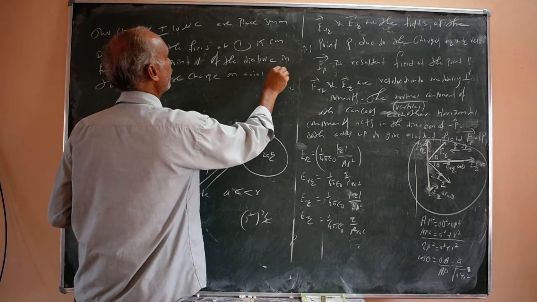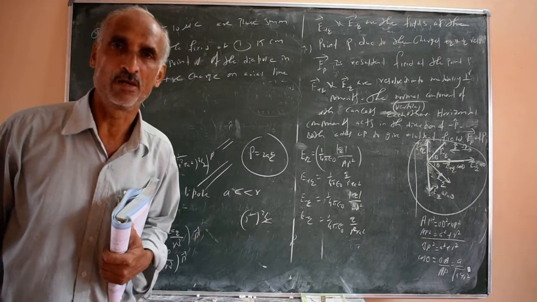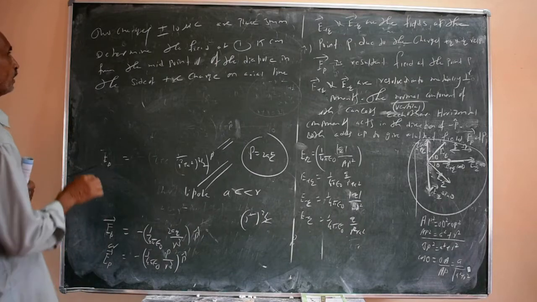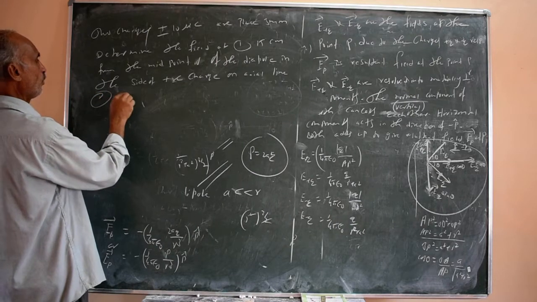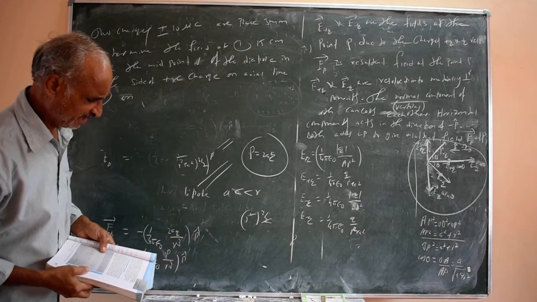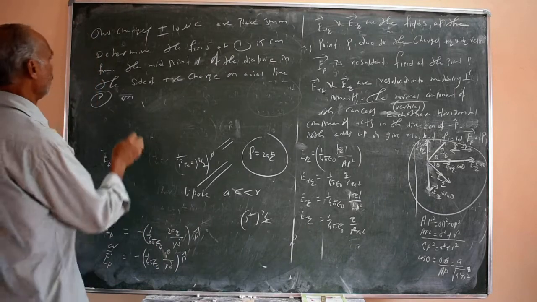On the axial line, which formula is to be taken? The field at a point on the axial line, the first derivation, the short dipole formula. Second one, on the equatorial line, at a distance of 15 centimeter.